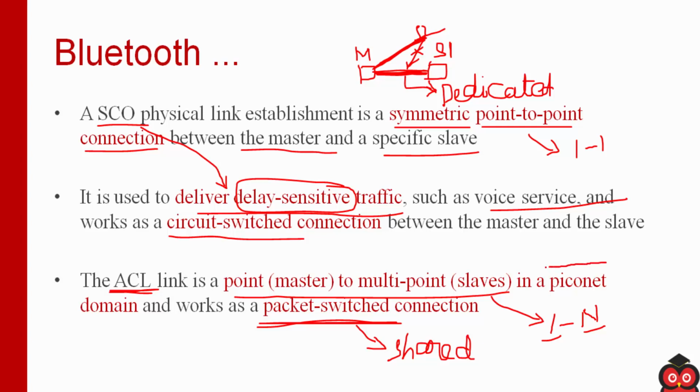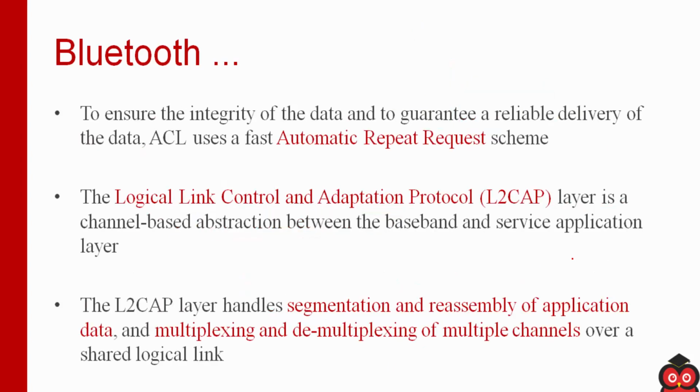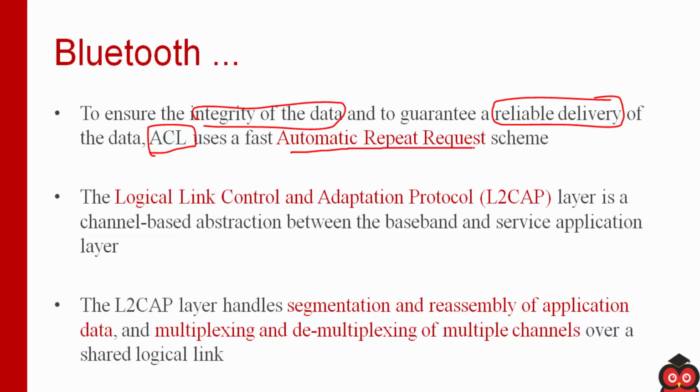We will talk about Piconets in the coming slides. Don't worry, this is a topology which is used in Bluetooth. Now ACL, as I had already said, is connectionless. To ensure the integrity of data and to guarantee reliable delivery, that is without any errors, it will use a scheme called automatic repeat request.